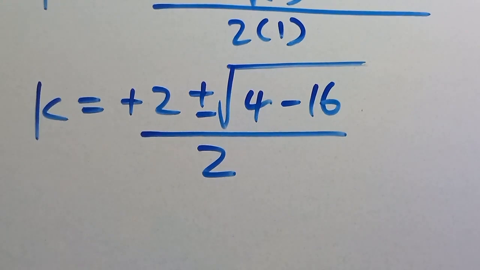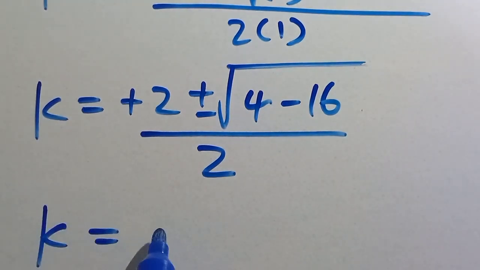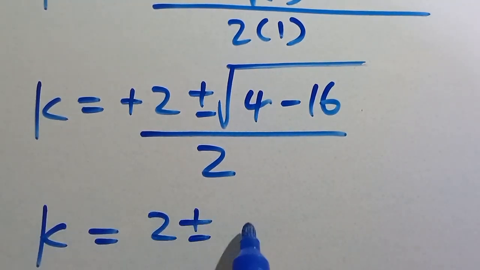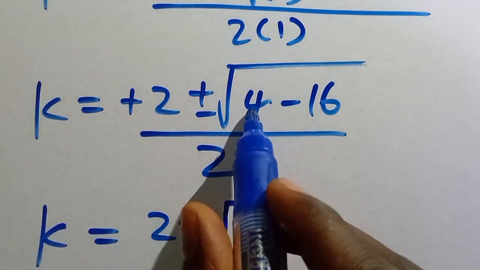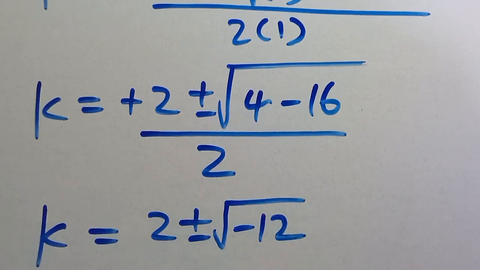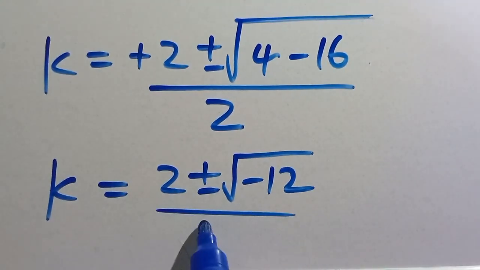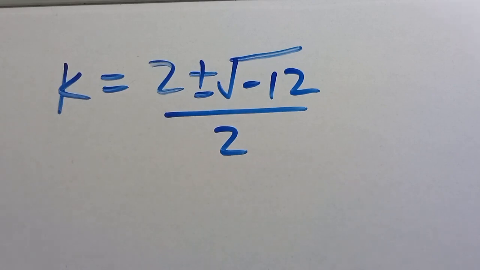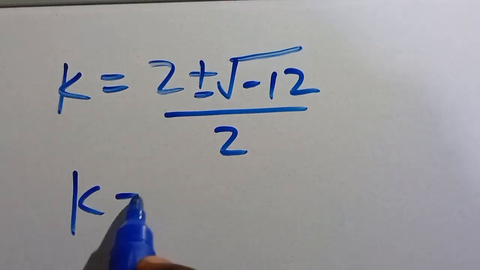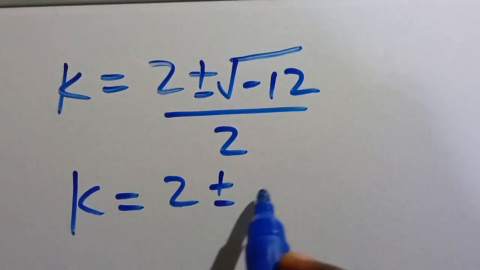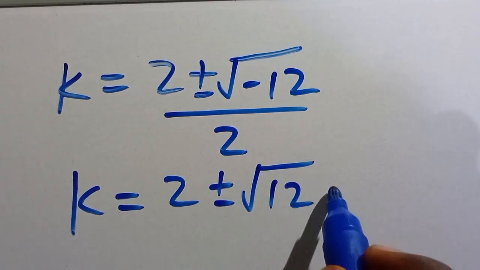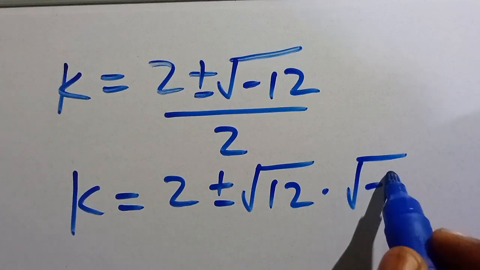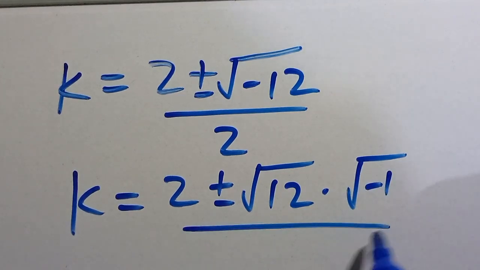So we have k equals 2, positive or negative, root of 4 minus 16, which will give us minus 12, then divided by 2. So from here we have k equals 2, positive or negative, root of 12 multiplied by root of minus 1, divided by 2.